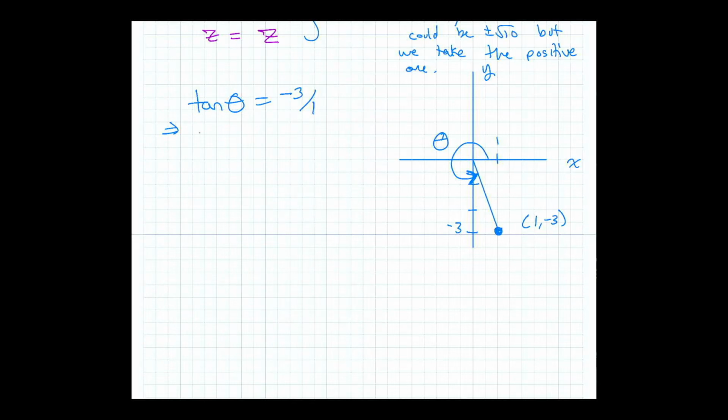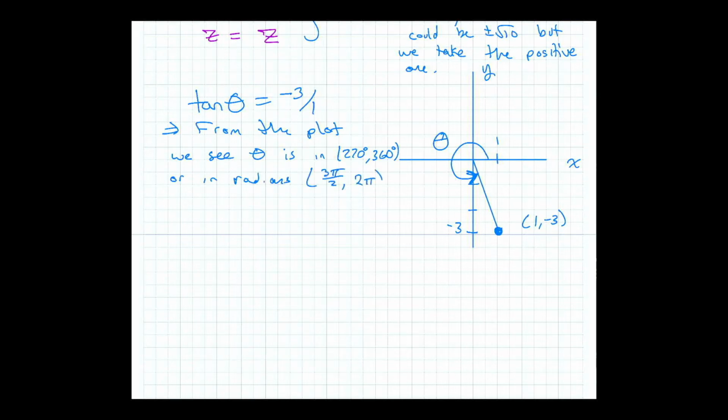So from the plot, we see that theta should be somewhere between 270 and 360 degrees, or in radians, 3 pi over 2 to 2 pi.